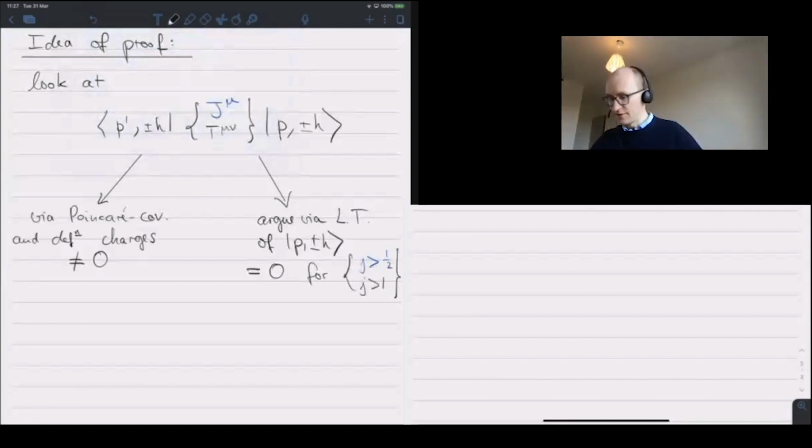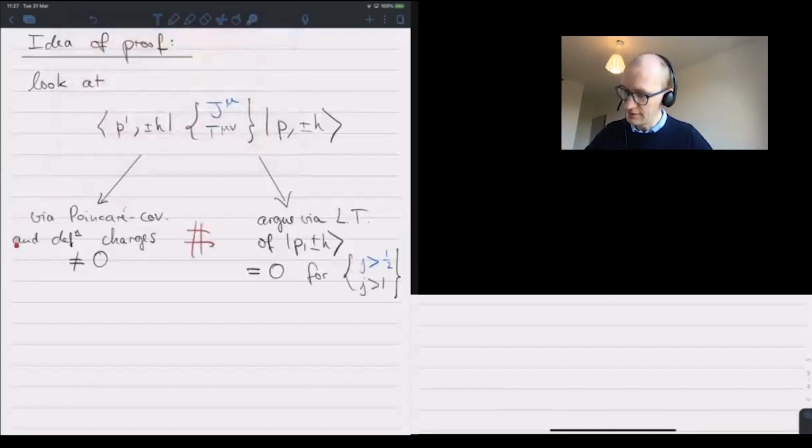And so this, of course, is a contradiction. That's not great, right? Because on the left-hand side, we say that they have to be non-zero, and on the right-hand side, we say that they have to be 0. So something has to give.